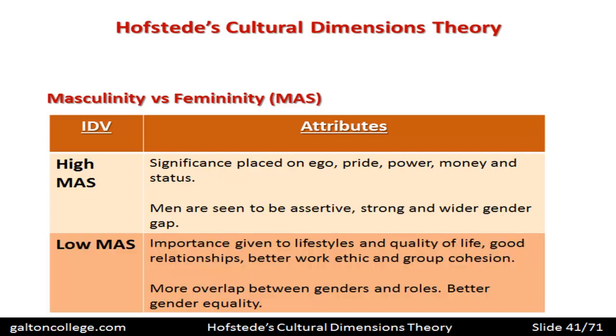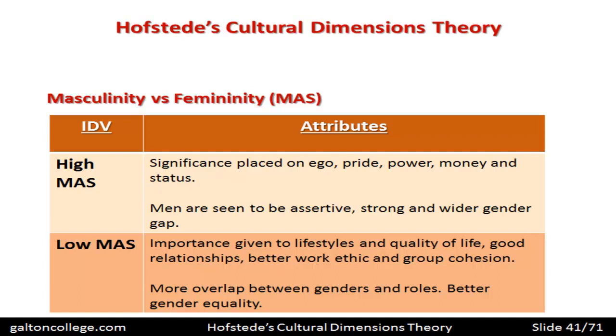For a low index, importance given to lifestyle, the quality of life, good relationships, better working ethic, and work cohesion. More overlap between genders and roles, better gender equality. So female employees are promoted and become managers and directors and may become the CEO of the company, but have the opportunity to do so.